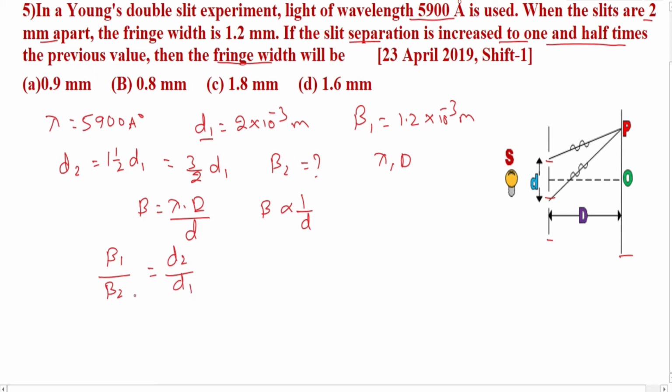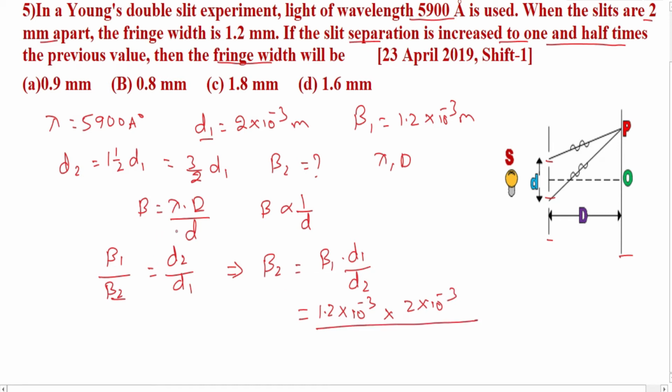Now I have to calculate beta 2. From this, beta 2 is equal to beta 1 into D1 by D2. Now if I substitute the values, beta 1 is 1.2 into 10 power minus 3, into D1, that is 2 into 10 power minus 3, by D2.